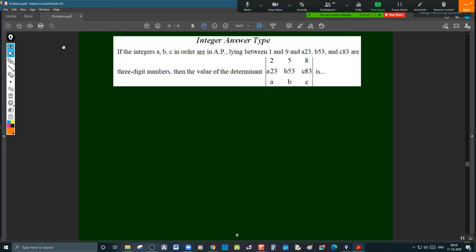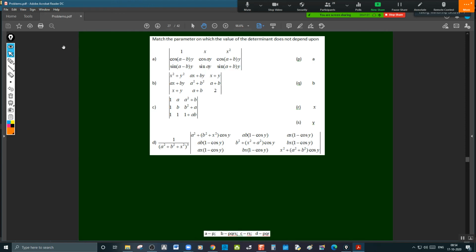Just see this one. Take a screenshot of it. The answer is also there at the bottom. I'll give you the idea for the first one, and you'll have to work it out.